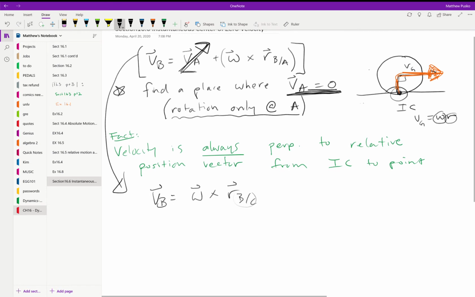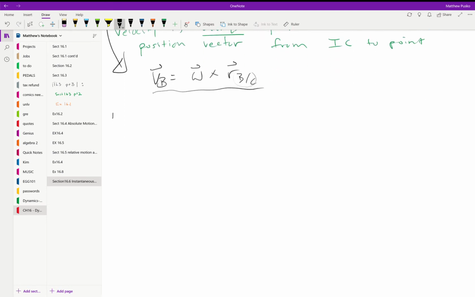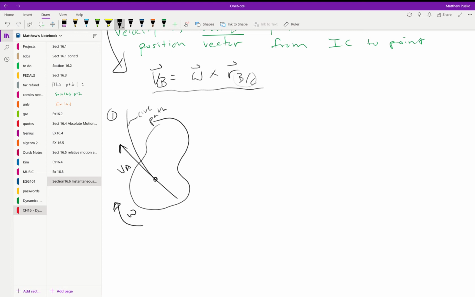Okay, I'm going to go through several cases. Here's case 1. Check out the book on all these too. Case 1 has something with a circular path. It is some sort of blob. We know about point A, and we know that it has some velocity at A, and we're told that it has some omega. So these two things are important.